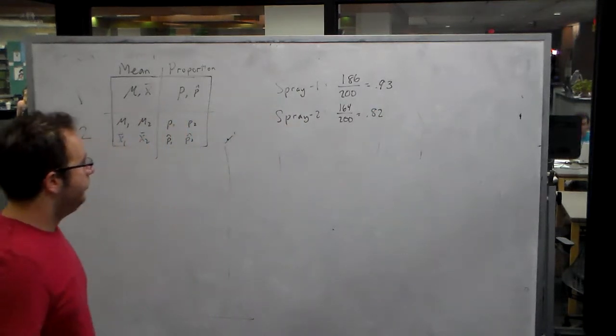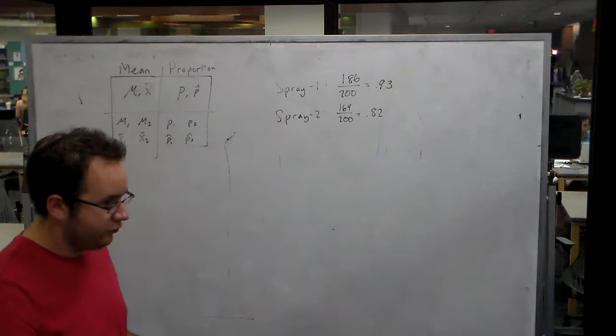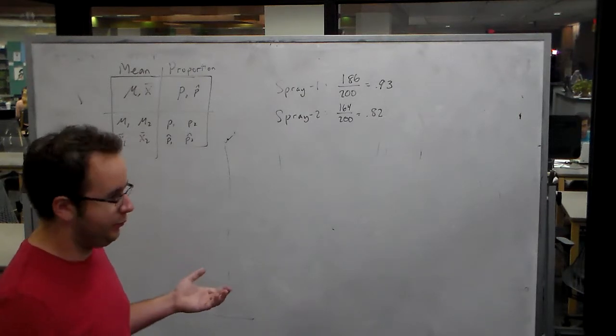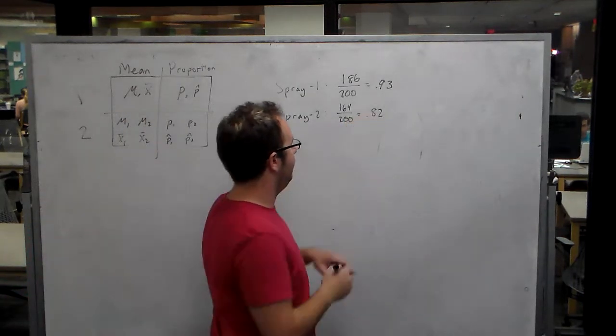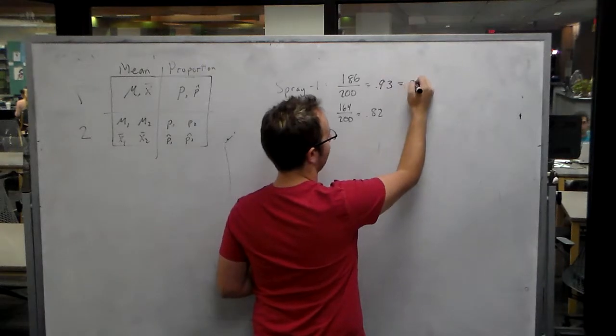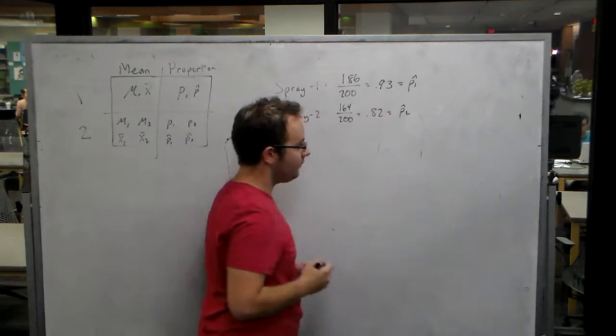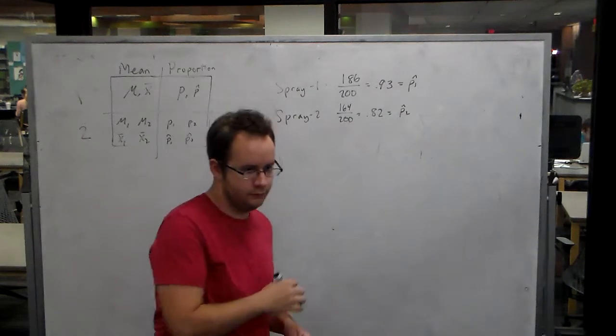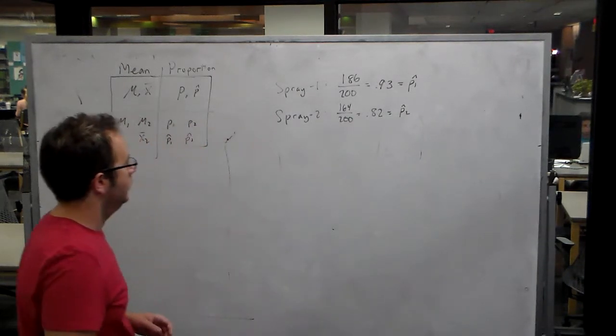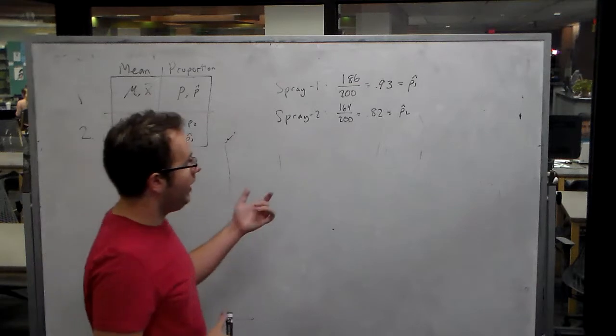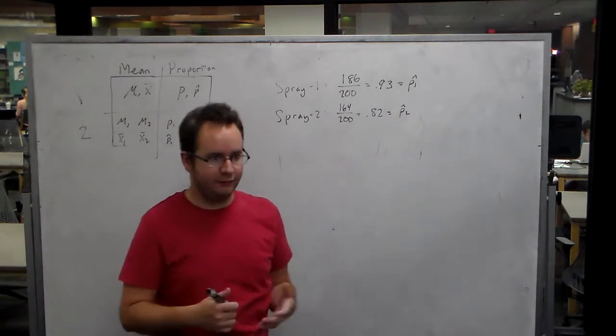So the question wants to know what's a good estimation for the difference. Well, you can always try the point estimate. The point estimate is just taking the difference of these two. We're going to call these P1 hat and P2 hat. The hat just means what it's estimated to be.